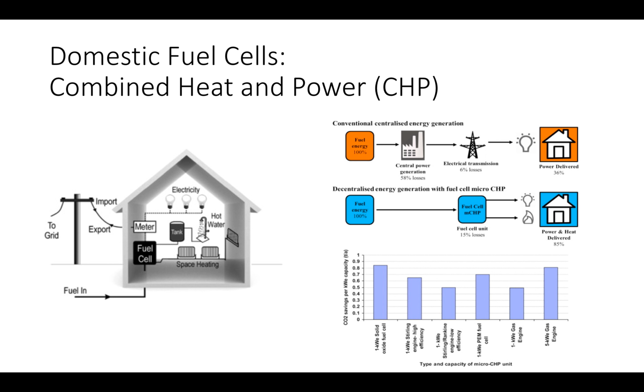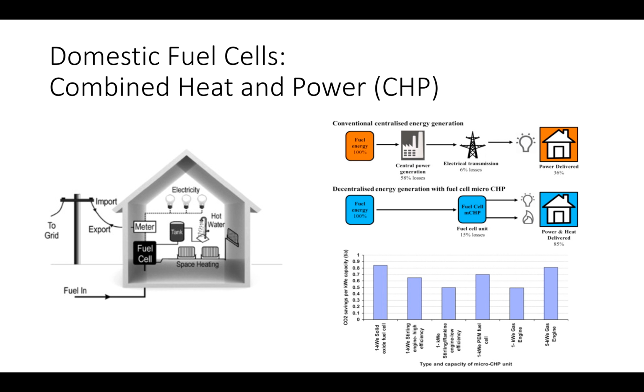So now some applications. The first application that we will discuss is using this type of energy generation method to power homes in what's called a combined heat and power system, or a CHP.